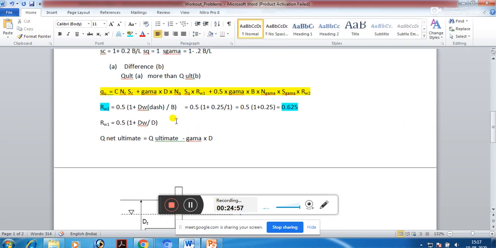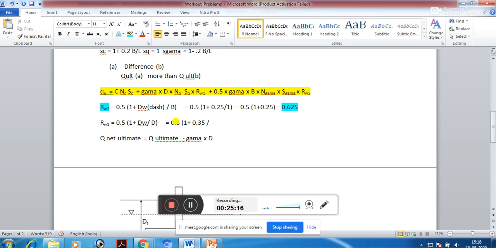Yes, 0.35. So you see it is going to be 0.5 multiplied by 1 plus 0.35 divided by what is the depth of the footing? Is it 1 meter or 0.75 meter?